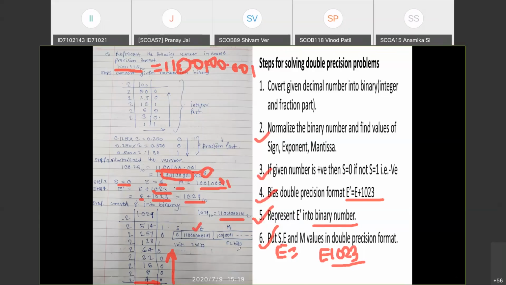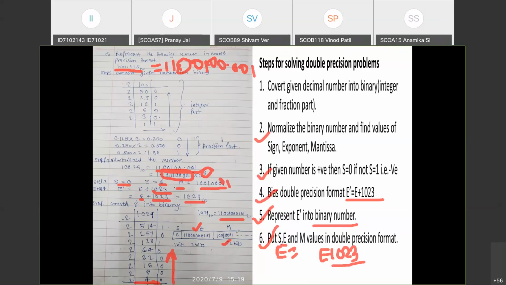And the mantissa value we need to take from step 2, after the fraction part, and the total mantissa is 52 bits, but in our answer we are getting only 8 bits of mantissa.